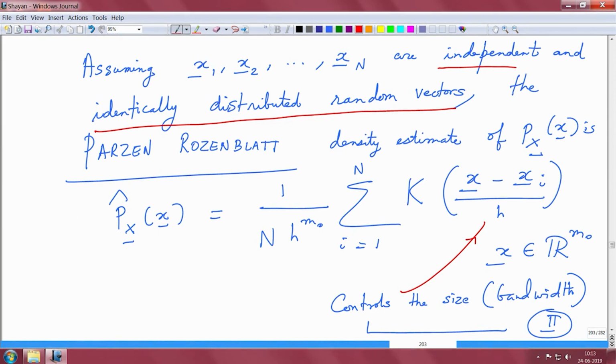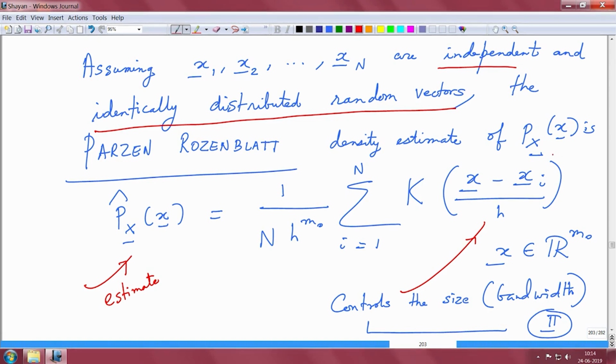The Parzen-Rosenblatt density estimation of p suffix X of x is given by this quantity, p suffix X of x, the hat, which is an estimate. So this is basically a PDF estimate, given by this equation: 1 upon n times h power m naught, the summation i equals 1 to capital N, this kernel function k evaluated at x minus xi upon h.